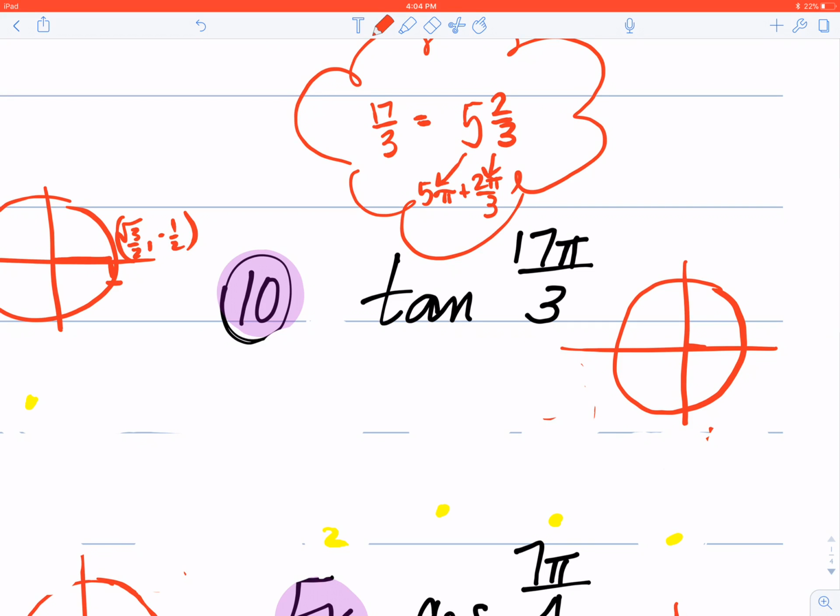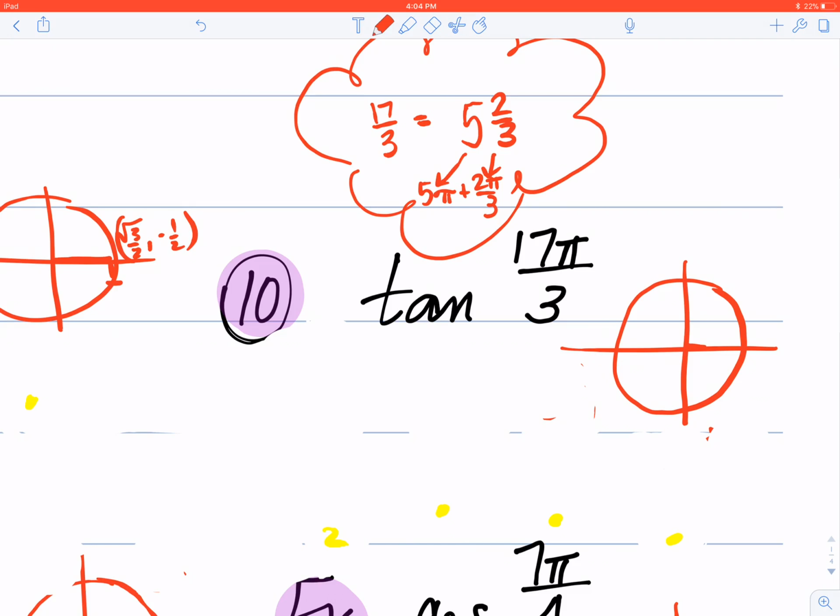If you just simply count, here is 0, here's 1 pi, go back around, 2 pi, 3 pi, 4 pi, and then 5 pi is coterminal to the original pi that we have memorized. So 5 pi, and then I need to add to that 2 pi over 3.